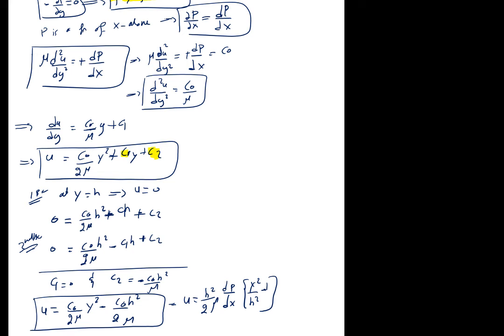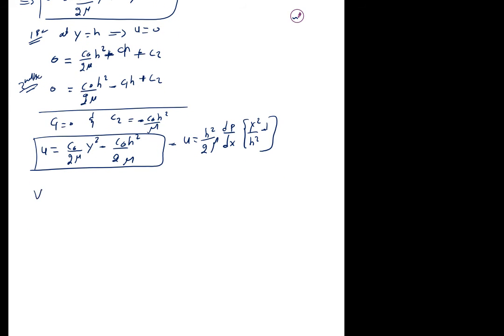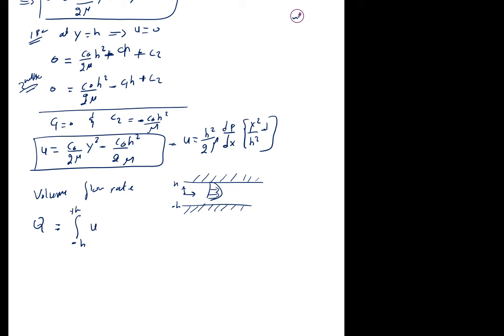Now, the question. We did all this, but we have not solved the question yet. Find the volume flow rate across the channel. What's the volume crossing the channel? It's given by Q. The boundary conditions, I have here minus h and here I have plus h. I have the integral from minus h to plus h of u dy.